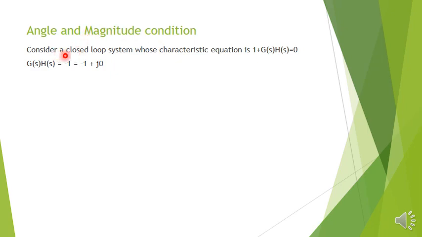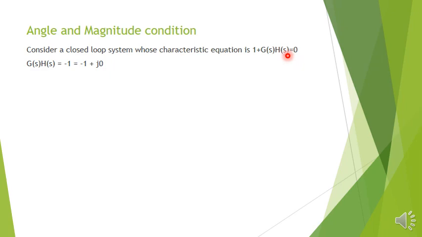So consider a closed loop system whose characteristic equation has the general form 1 plus g of s h of s equal to 0. Now, from the concept of roots of an equation, every root satisfies its equation. According to mathematics, each and every root satisfies its own equation.